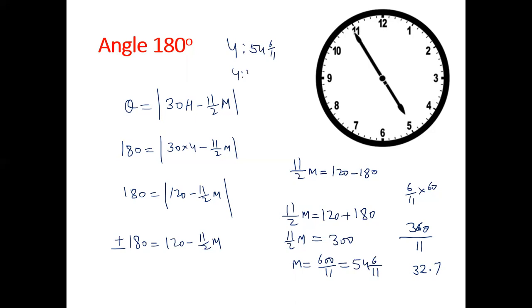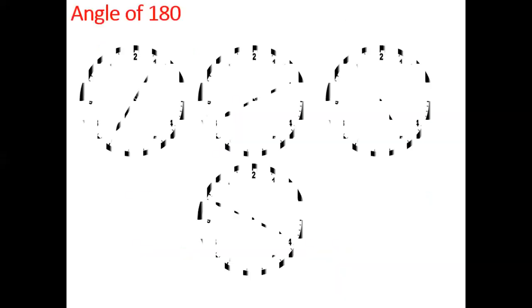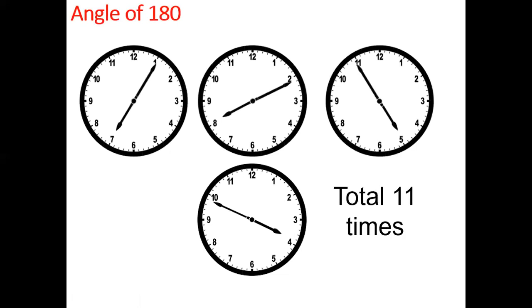So at 4:54 and approximately 32 seconds, the two hands of the clock are opposite to each other between 4 and 5. Now let's see how many instances there are when the angle is 180 degree. There are a total of 11 cases. I have depicted only 4 cases here, but there are actually 11 times.